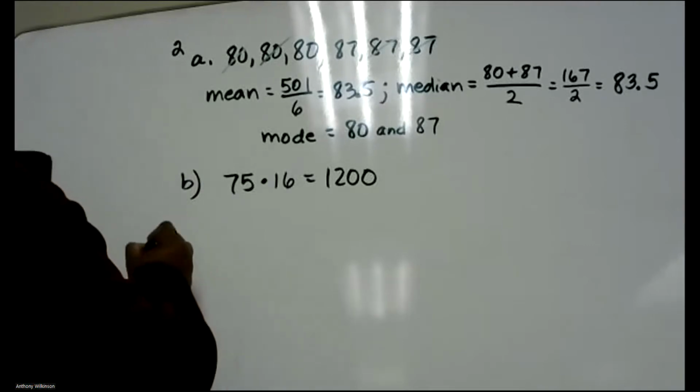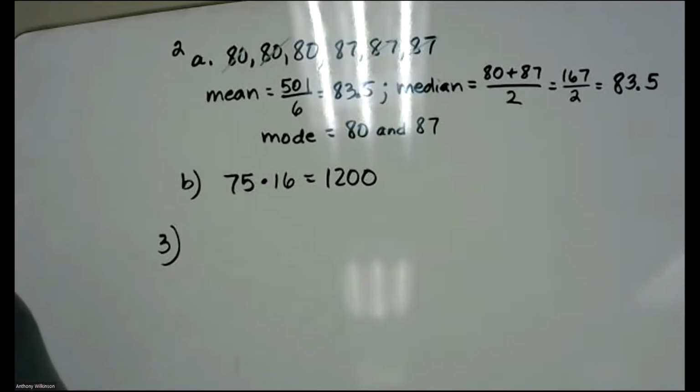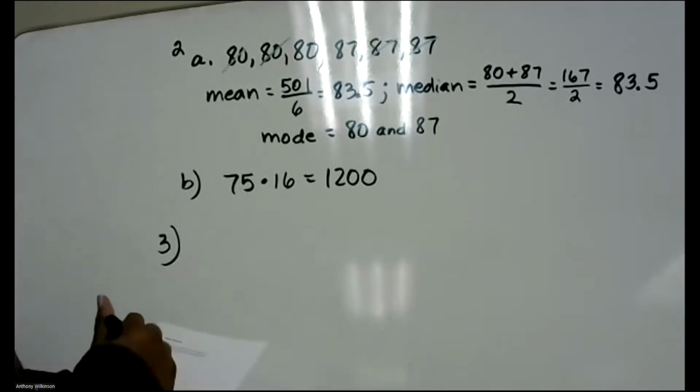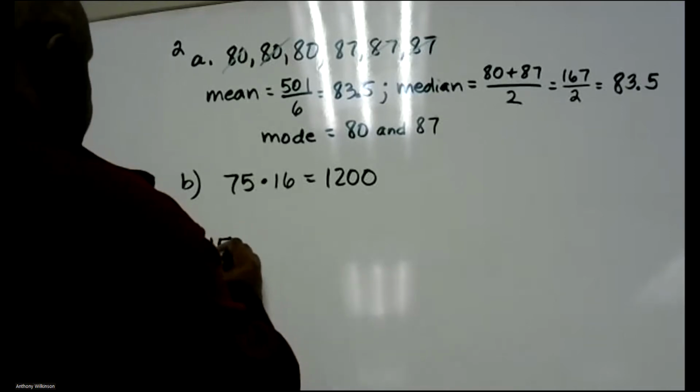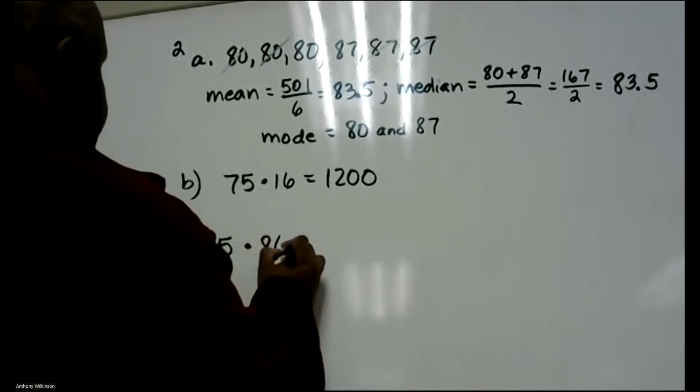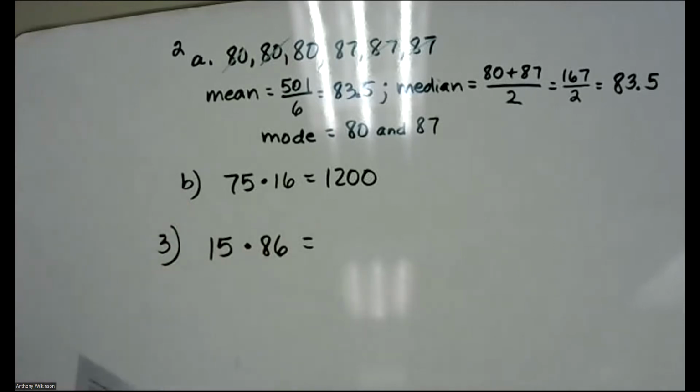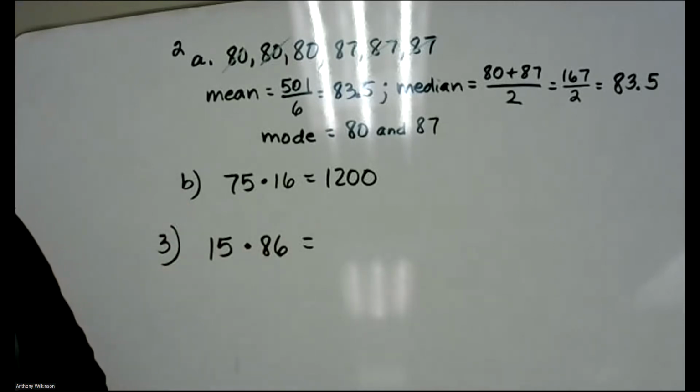So I'm going to do problem number 3 down here. 15 tests has a mean of 86. So let's first do 15 times 86 for the sum of all 15 test scores.